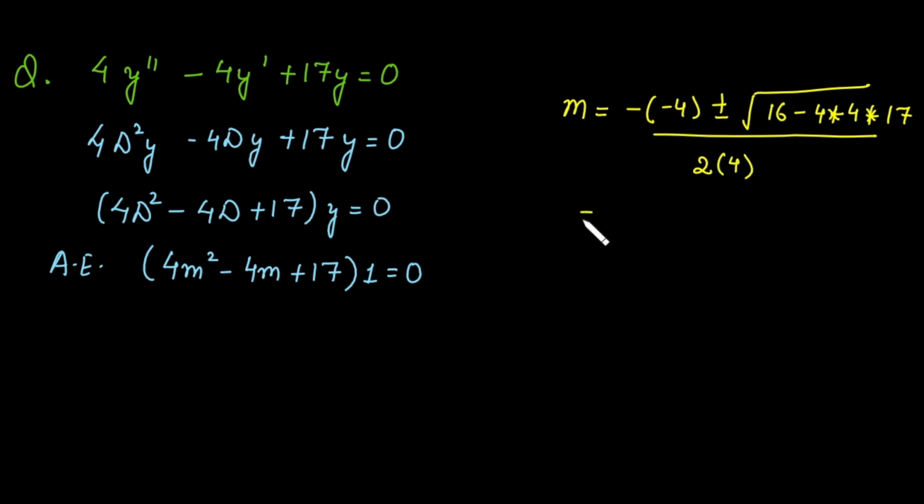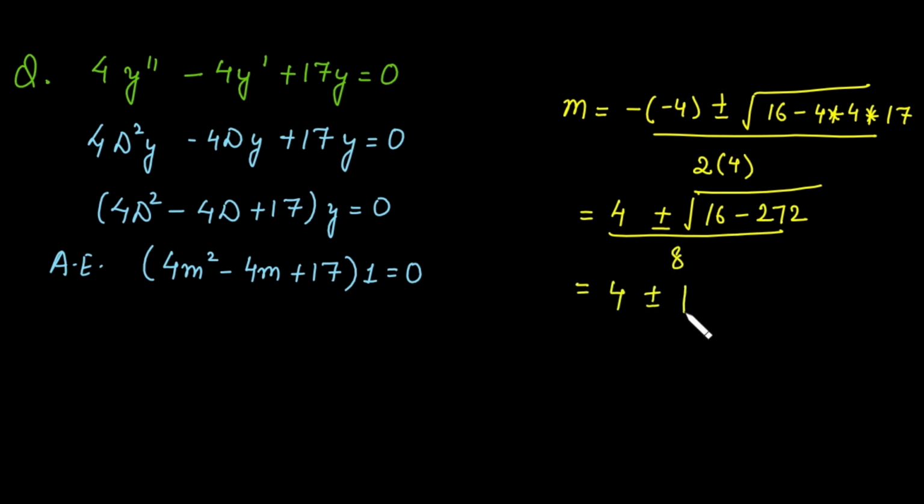So that is equal to minus minus is plus 4 plus minus under root 16 minus 272 by 2 into 4 is 8. This is equal to 4 plus minus. So 16 minus 272 is 256 with a negative sign, divided by 8.